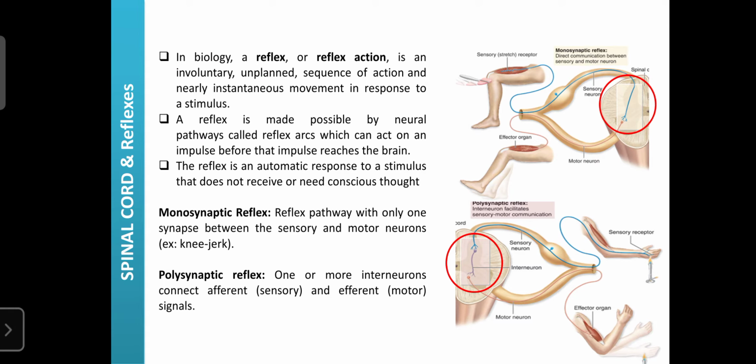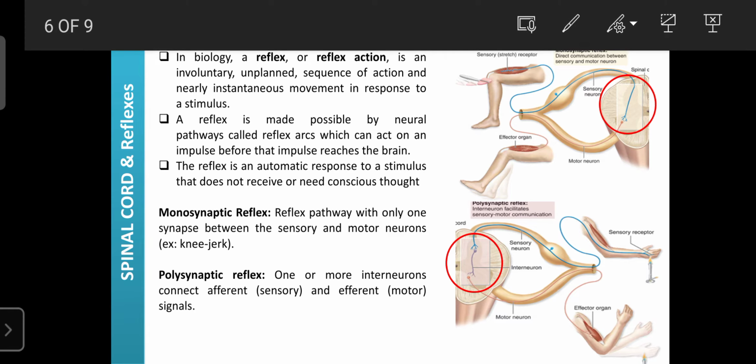Next, regarding spinal reflexes. A reflex is nothing but an unplanned or involuntary sequence of actions, or instantaneous movements in response to any stimulus. Those are known as reflexes or reflex actions.